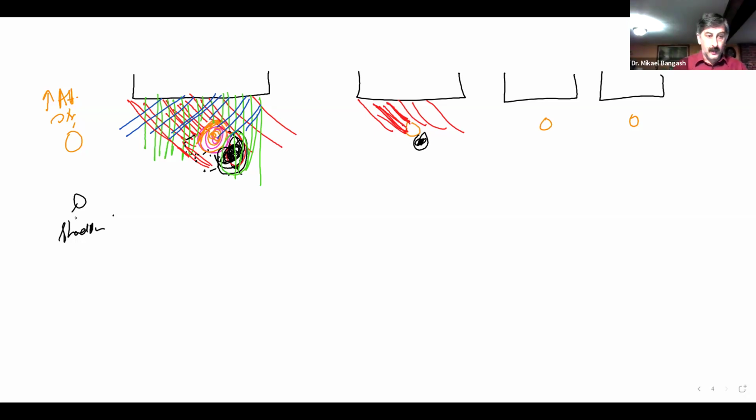Likewise, the ones that were green will be able to pass here, but because of this highly attenuating structure, you will have had a shadow in this area, right?